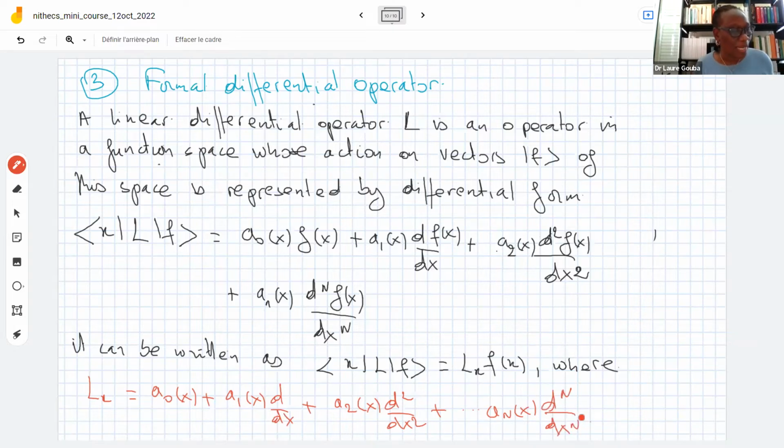The expression L of x represents the differential operator L. Let me write that, and let me check if I still have some minutes. I think I should stop here.